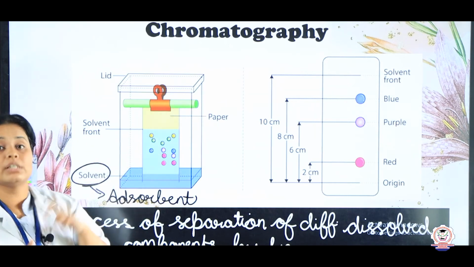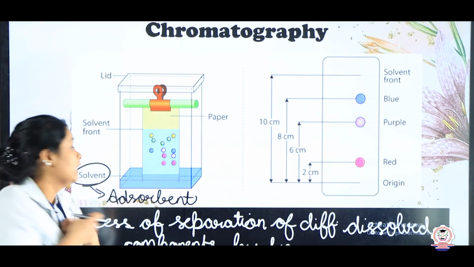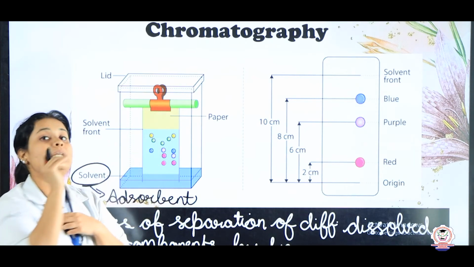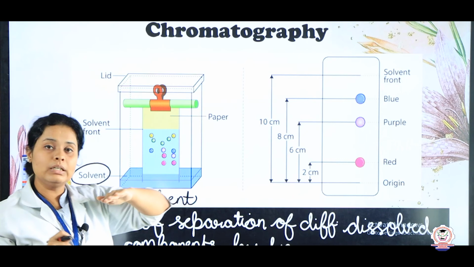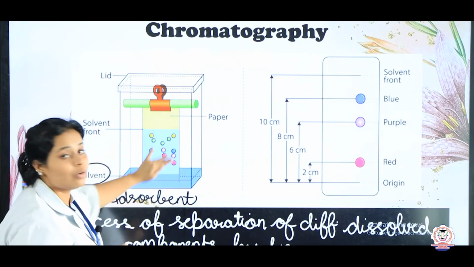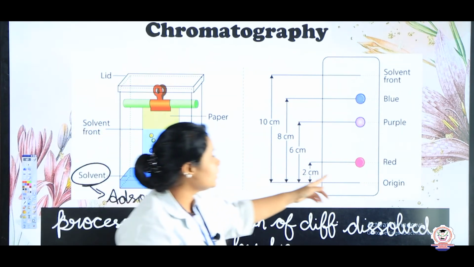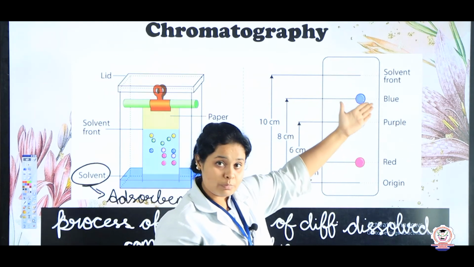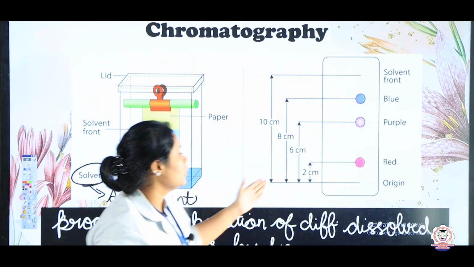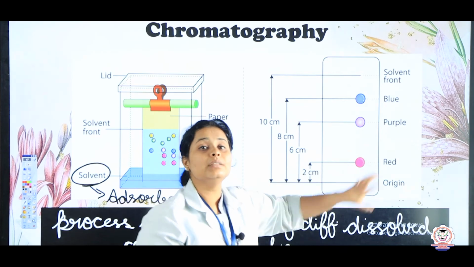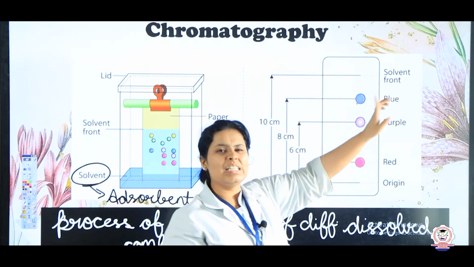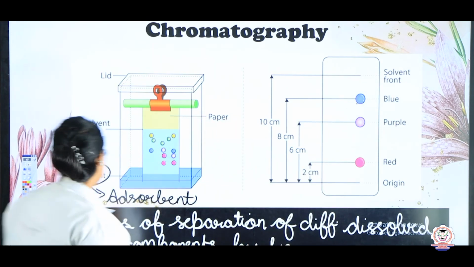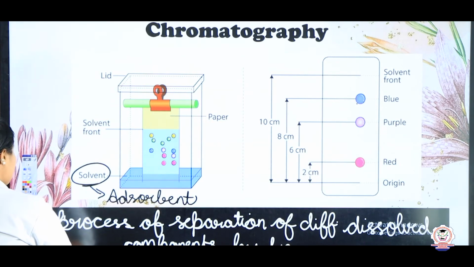When the attraction is more, the movement of the particle will be a little slow. So you will see the movement of the inks, and later on you can see 3 different spots of colors. You will get to know that the red has more affinity with the solvent and the blue has less, okay? So this is the way chromatography happens.